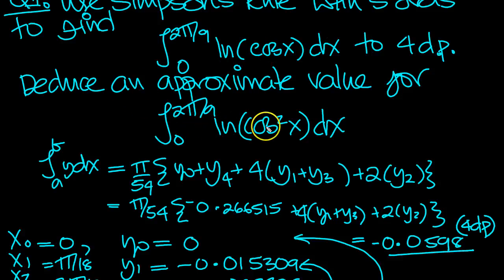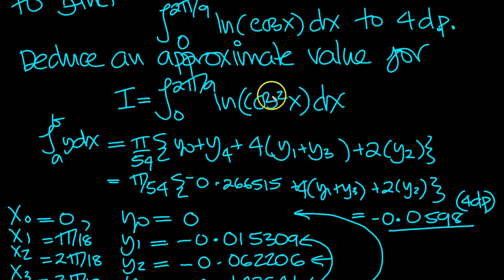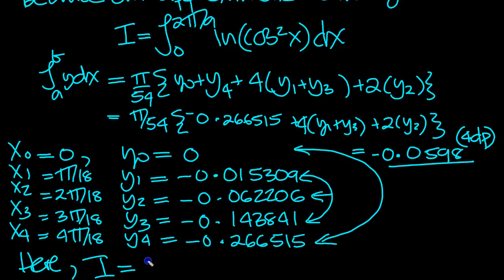Now it says deduce an approximate value for this. If we label this here as I, then we can work out that value. I is equal to, now the property of logs, this is cosine squared, so the 2 is a power. The power rule for logarithms means it comes down here. So I will equal 2 lots of, we can take that outside the front of the integral, 0 to 2 pi over 9 of ln cos x dx.